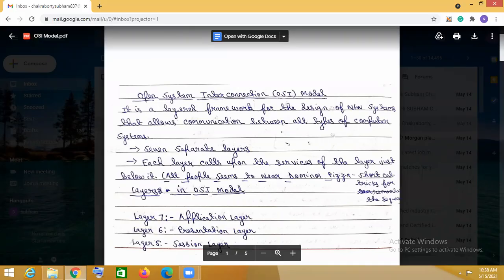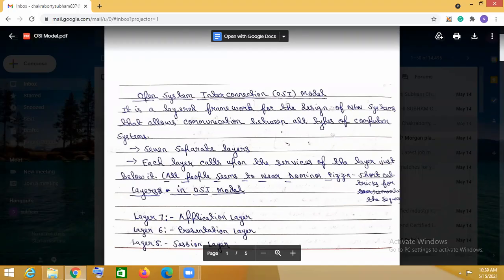It is a layered framework for the design of network systems that allows communication between all types of computer systems, and in this model, 7 separate layers are present. So if two devices want to communicate, system 1 has this 7 layered framework, and system 2 also has this 7 layered framework.